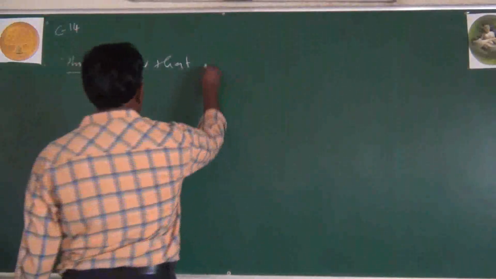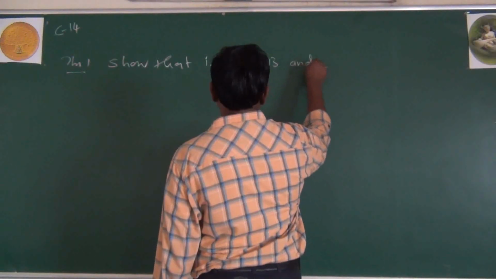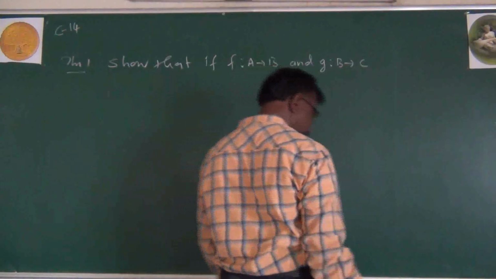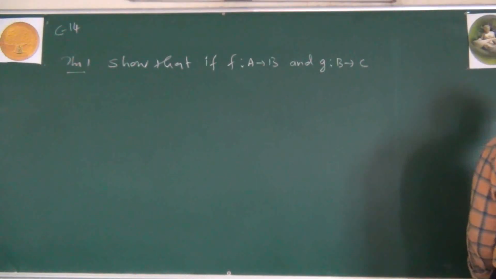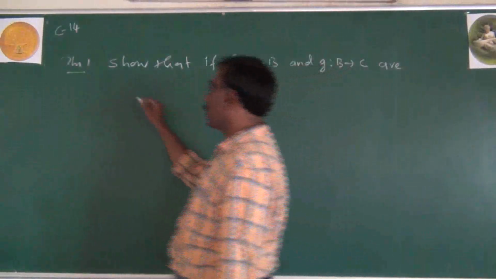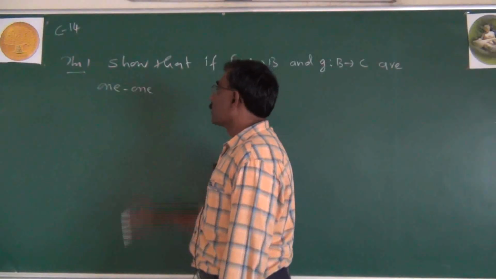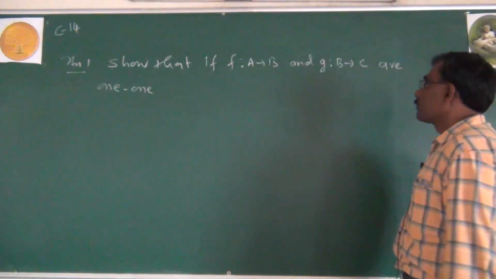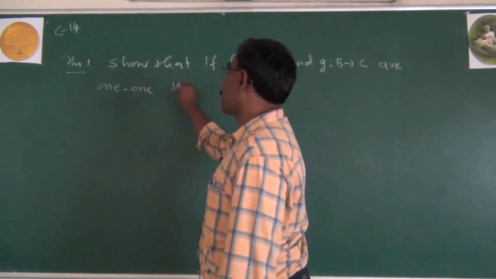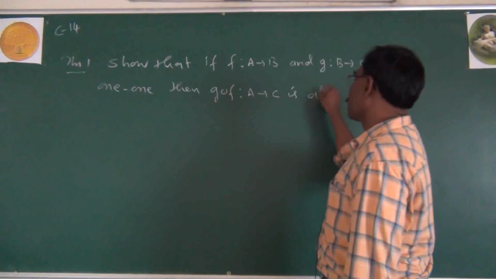Show that if f from A to B and g from B to C are 1-1, then g composition f from A to C is also 1-1.